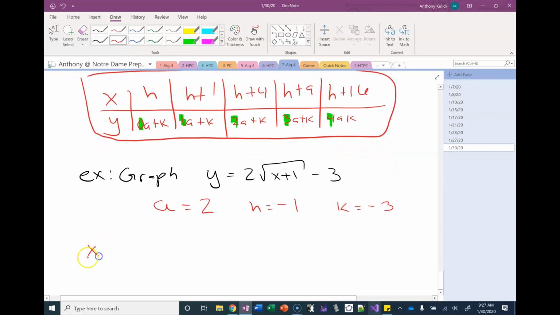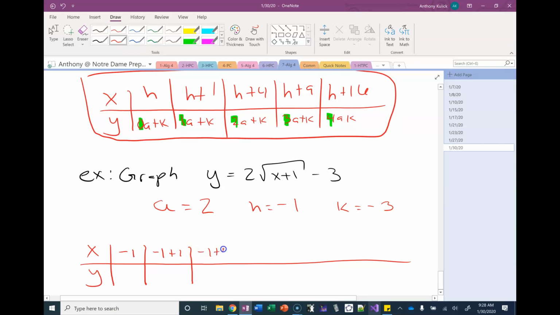Now I'm going to make my XY table using that set of rules from above. The first value I should pick for x is h, which in our case is -1. The second value is h plus 1, then h plus 4, then h plus 9, and then h plus 16.